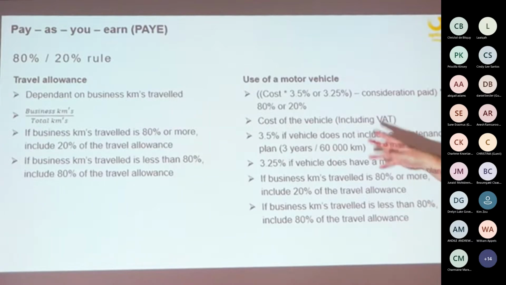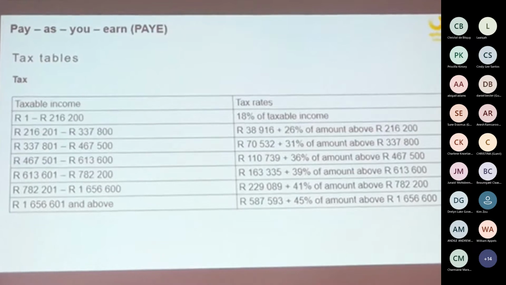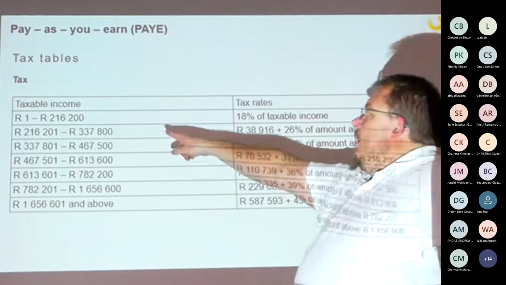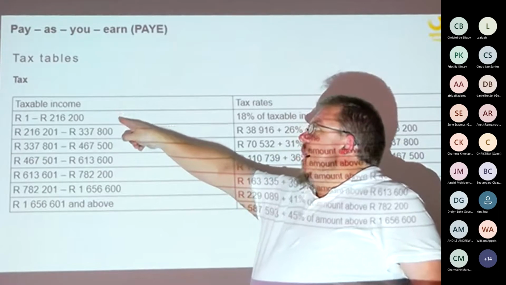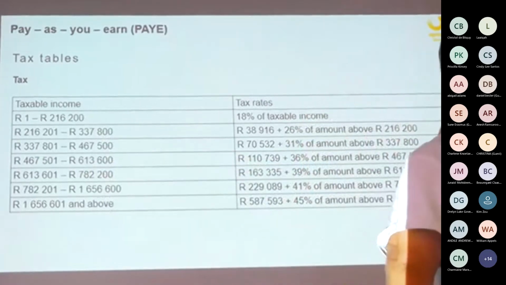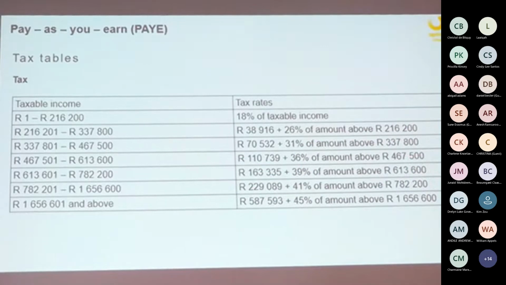Great. Again, 80-20 rule, and that we already know by now. This is a typical tax table, and this is the 2022 tax table. You will be working on the 2022 tax table in most of your questions because we are not done with the 2023 tax year. If you earn anything from R1 to R216,200, you will be taxed on it at 18%.